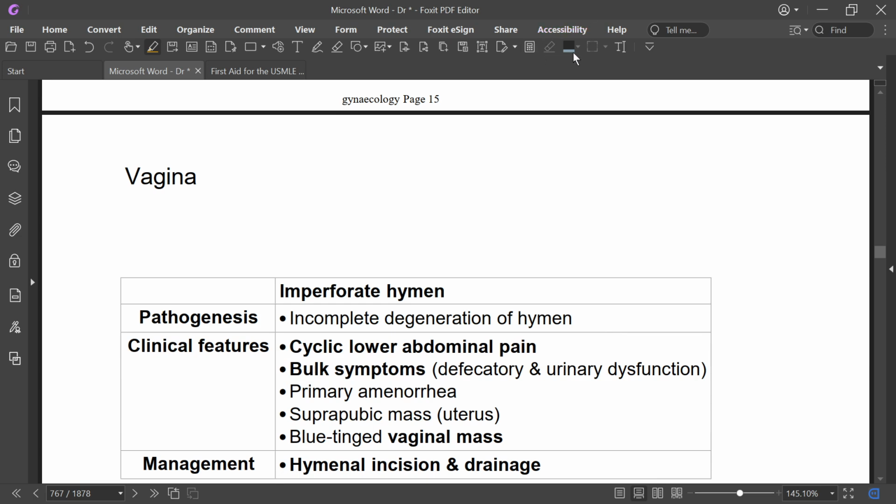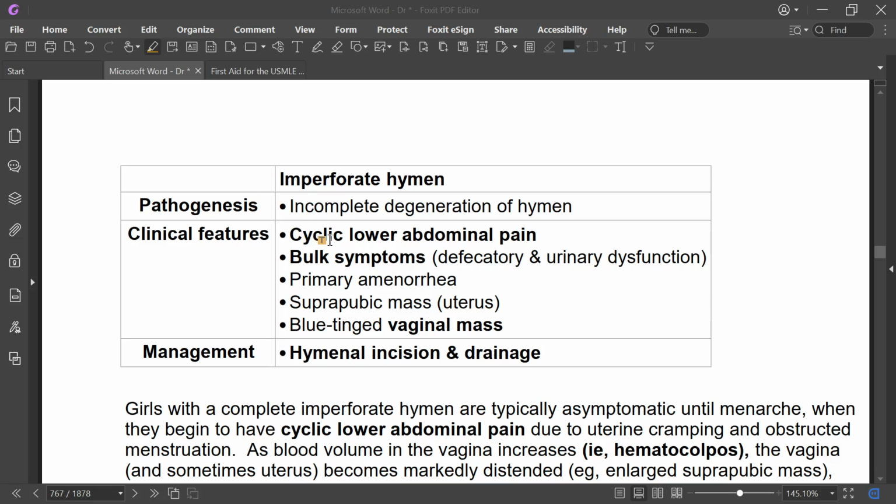Now I would like to discuss vaginal problems. It starts with imperforate hymen. Incomplete degeneration of the hymen is called imperforate hymen. Here there is cyclic lower abdominal pain, bulk symptoms like defecatory or urinary dysfunction.